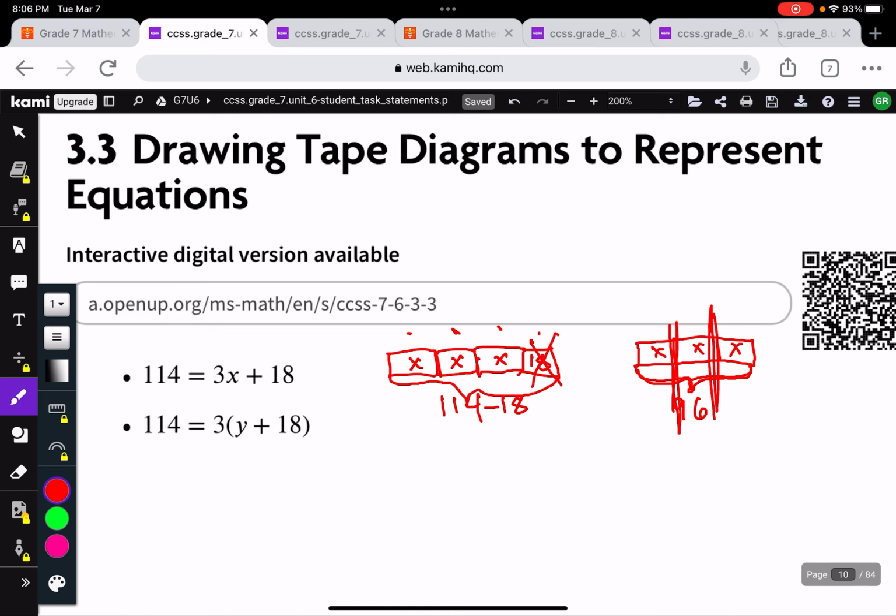If 3 of them equal 96, well then, what does 1x equal? I want to split that 96 3 ways, and that means, guess what? X equals 32.